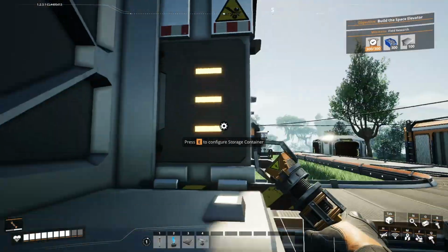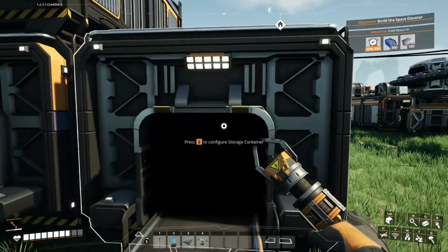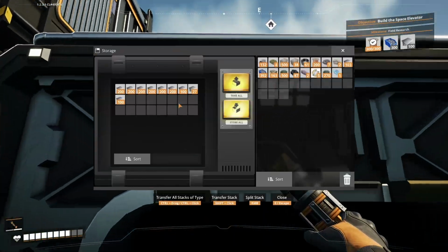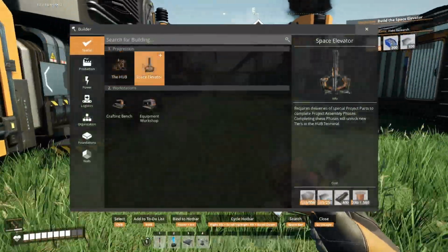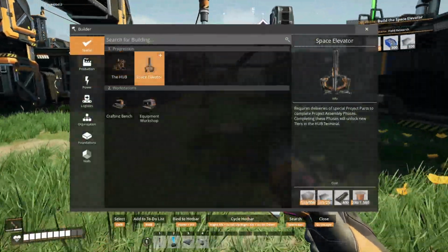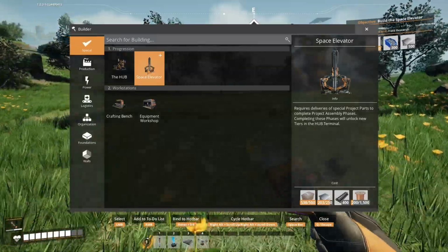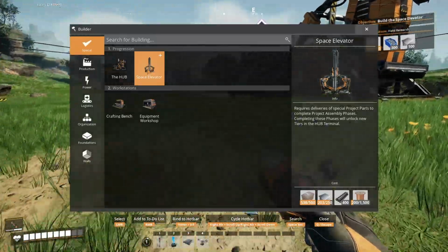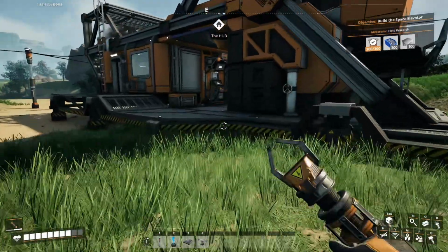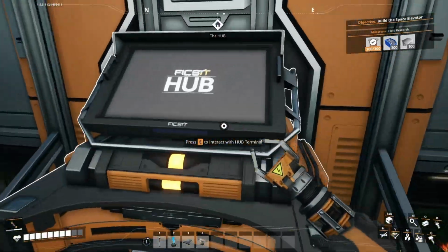I'm gonna need 300 screws. Got it. And then plates. Done. Out of curiosity, what do I need for the space elevator? I have probably all of that at this point. But I don't want to build the space elevator yet.